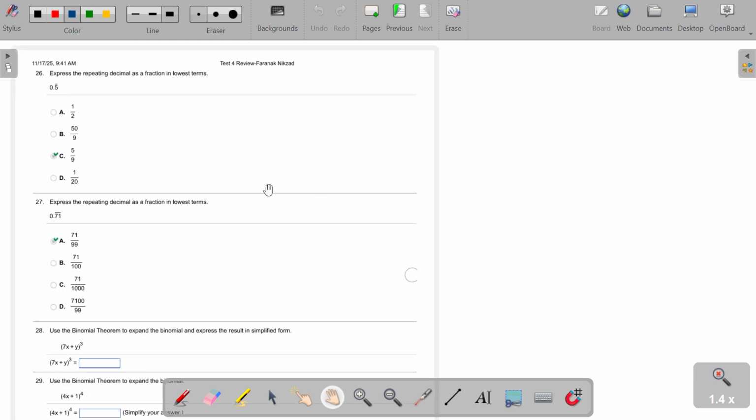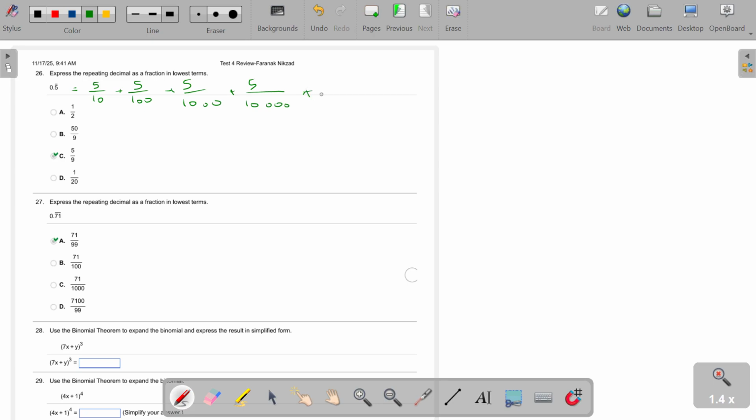Okay, so question number 26 is asking us to express the repeating decimal as a fraction in lowest terms. So first, I'm going to expand this. When we have this repeating number, it's basically 5 over 10, plus 5 over 100, plus 5 over 1,000, plus 5 over 10,000, and so on.